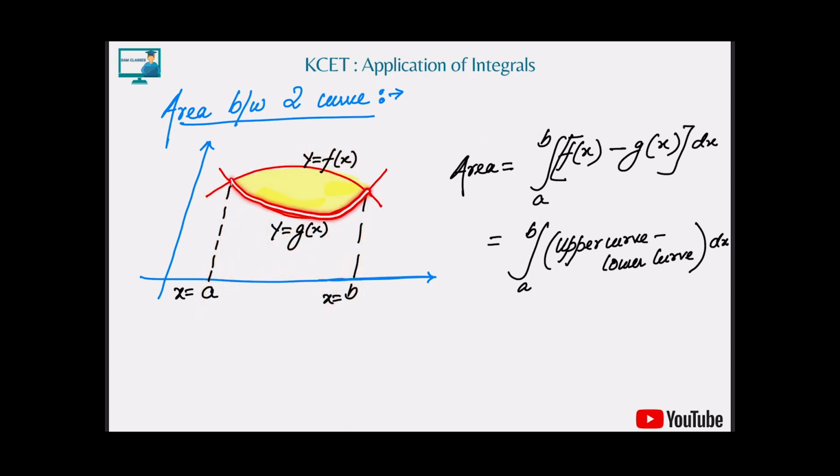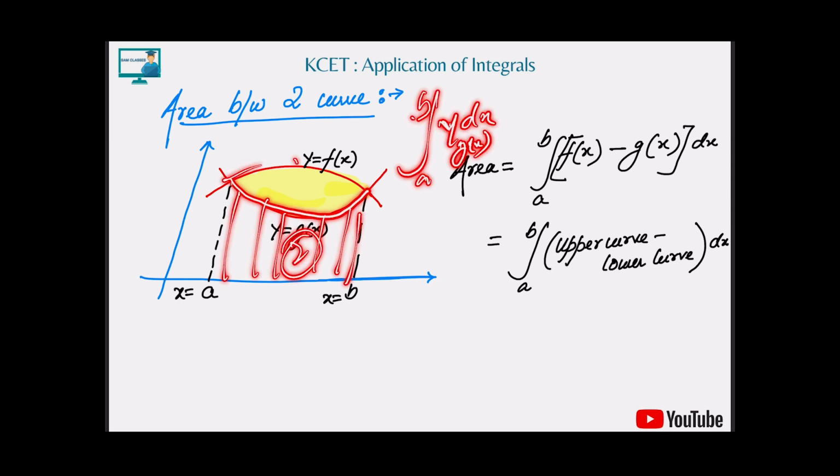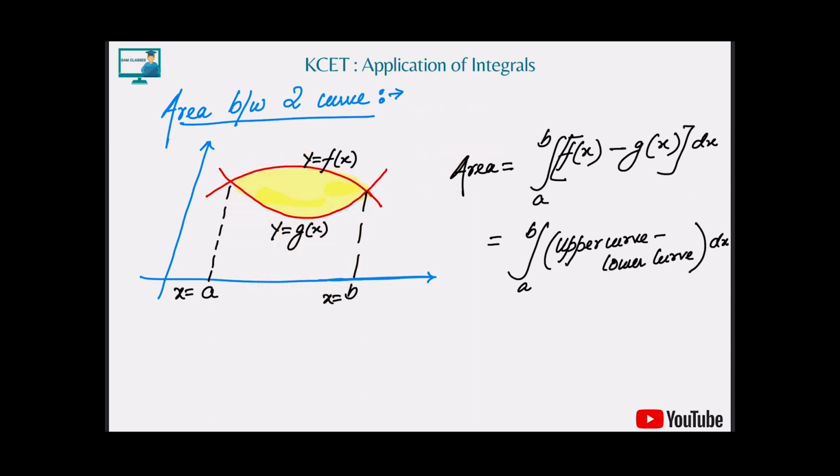Now the second part, the moment I'm finding the area of y equals g(x), integral of g(x) dx from a to b, I'm getting this area. So you can understand, if I subtract the small one from the whole big one, I'll get this middle area, correct? Yes or no?